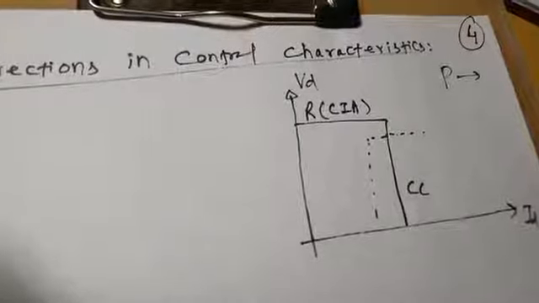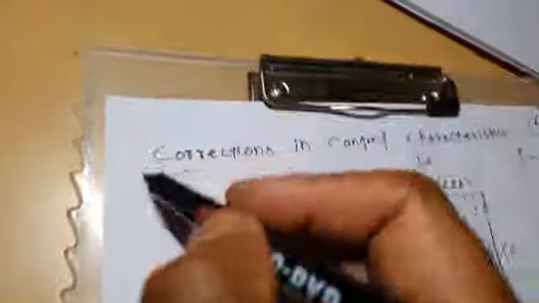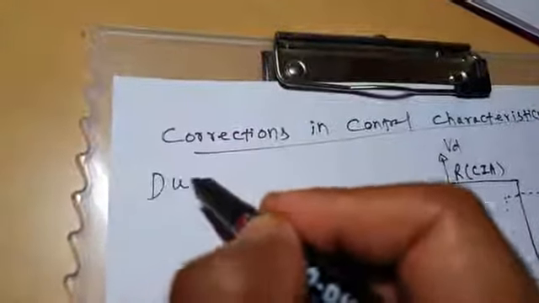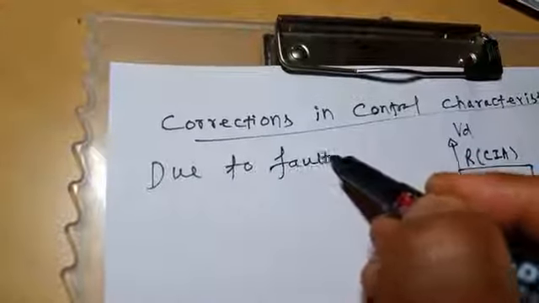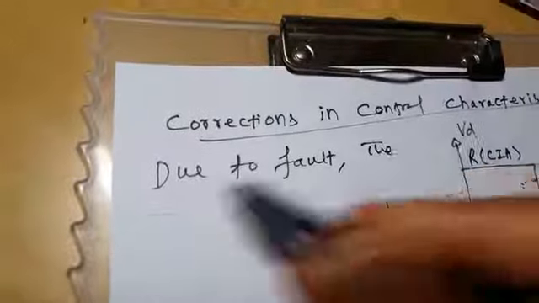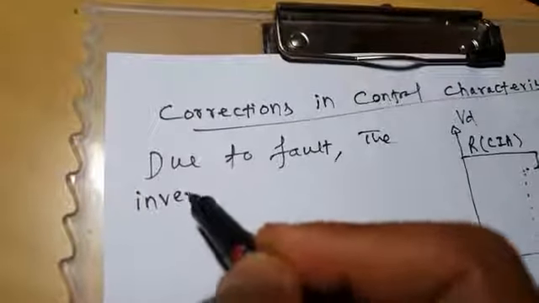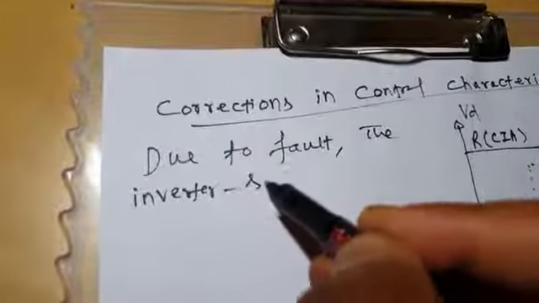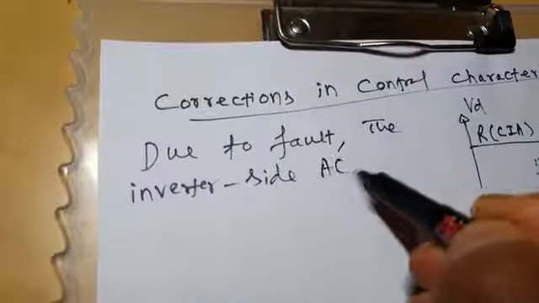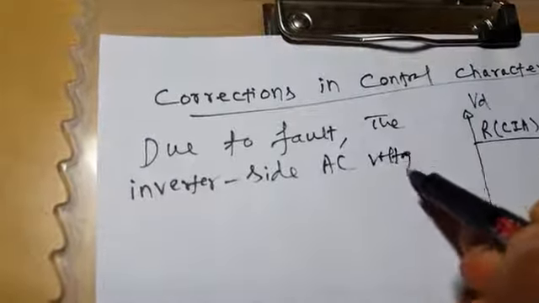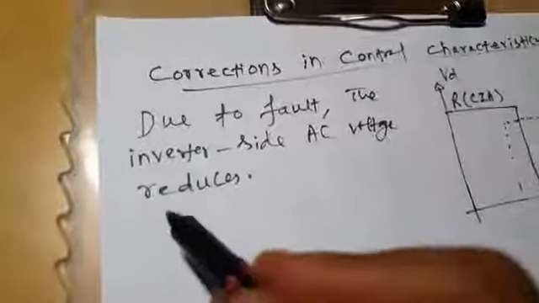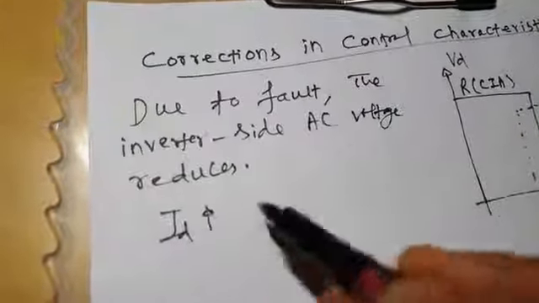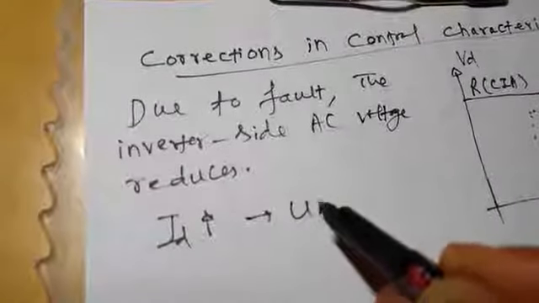Due to the fault, the inverter side AC voltage reduces, and because of that we know that current increases, and because of the increase in current, U increases.